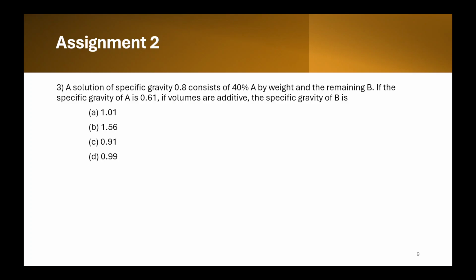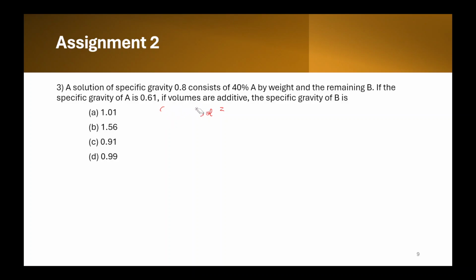A solution of specific gravity 0.8 consists of 40% A by weight and the remaining B. If the specific gravity of A is 0.61 and if volumes are additive, the specific gravity of B is. So what is known here is we have some solution of specific gravity. We'll write what is given here.